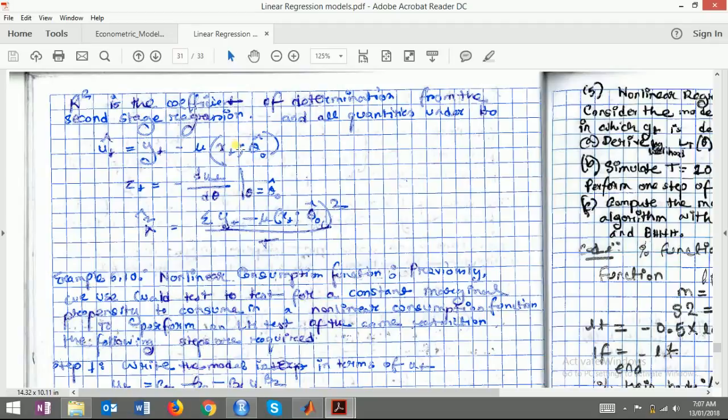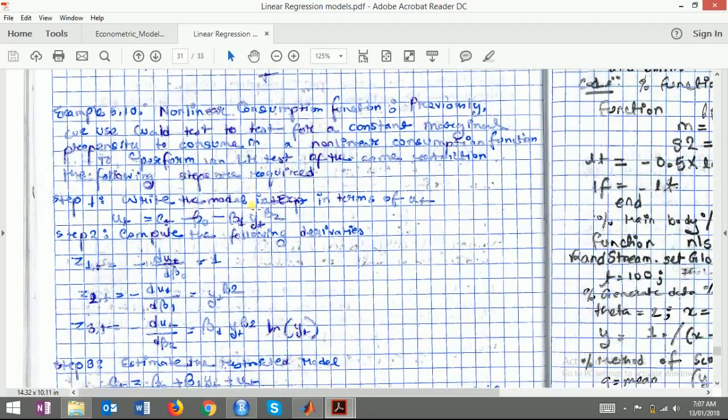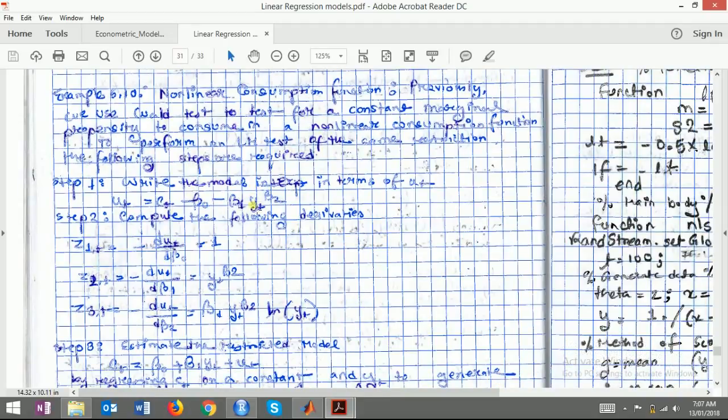There's an example we'll discuss very quickly: the nonlinear consumption function. Previously we used the Wald test to test for a constant marginal propensity to consume in a nonlinear consumption function. To perform an LM test of the same restriction, the following steps are required. Step 1, write the model in terms of U_T.